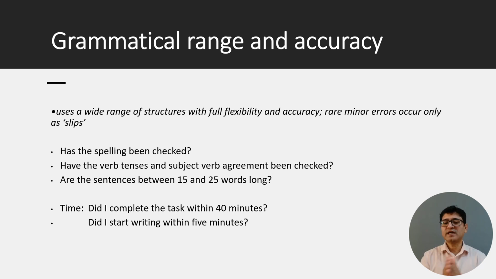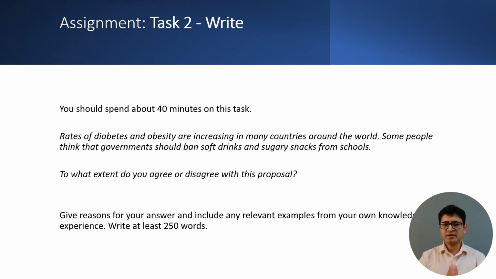She has, not she have. That's just one example. Mistakes like this can occur, so you must make sure they don't. Are the sentences between 15 and 25 words? You don't have to strictly follow this limit, but it means the sentences are well developed. They can be under 15 words as well, so don't worry about the last question. So these are all the main criteria.